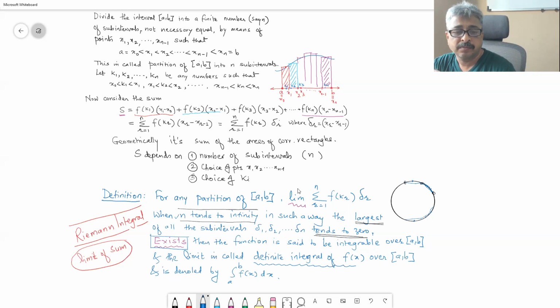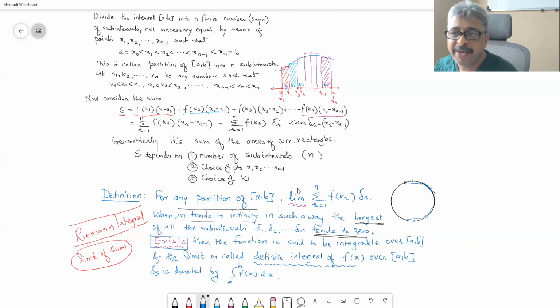Archimedes found the area under the curve using this principle. At that time, calculus was not there. The antiderivative came much later. So this is a very old technique of finding area: break it into pieces and add. That is what integration is.